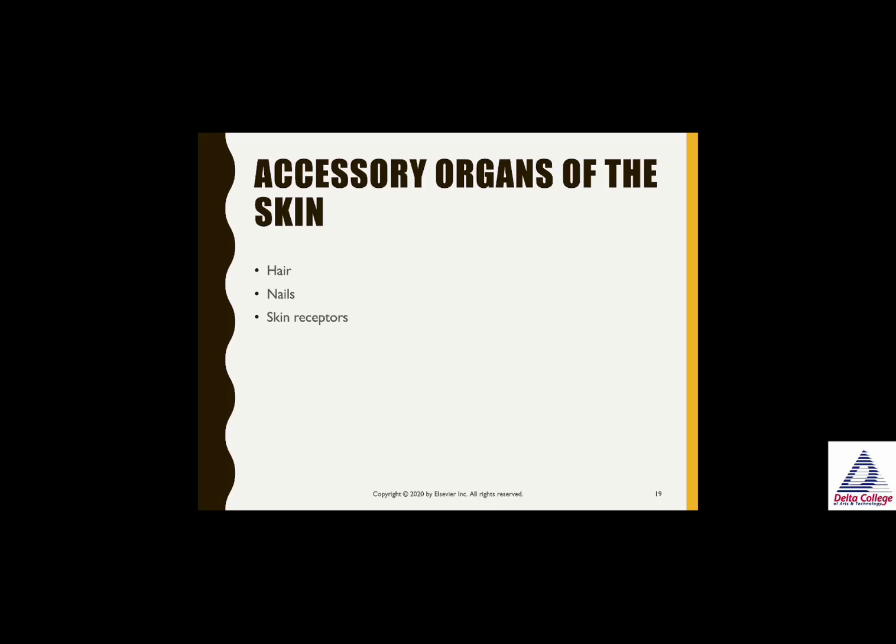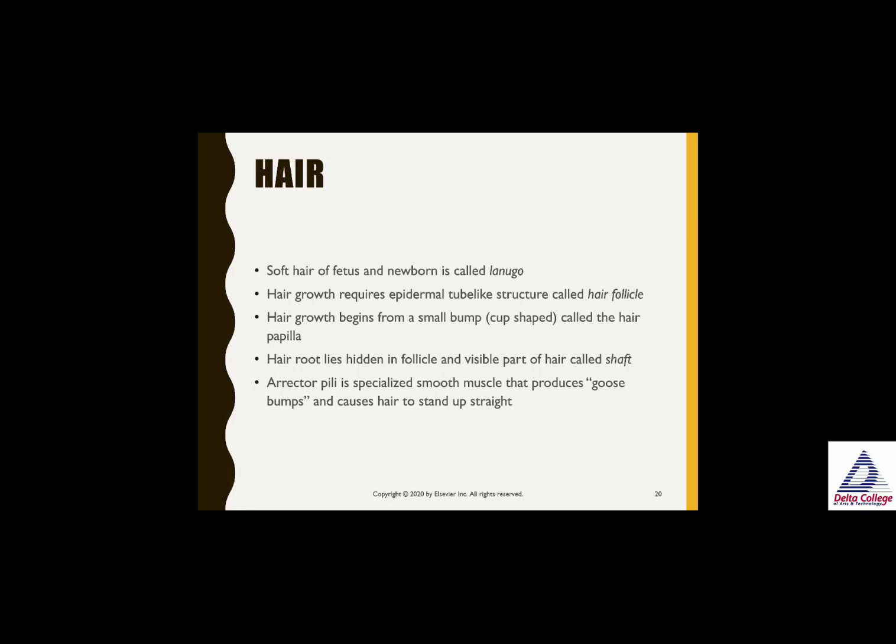Next, let's talk about some accessory organs of the skin. This is going to be the hair, nails, and skin receptors. Soft hair of the fetus and the newborn is known as lanugo. Hair growth requires epidermal tube-like structures called hair follicles.